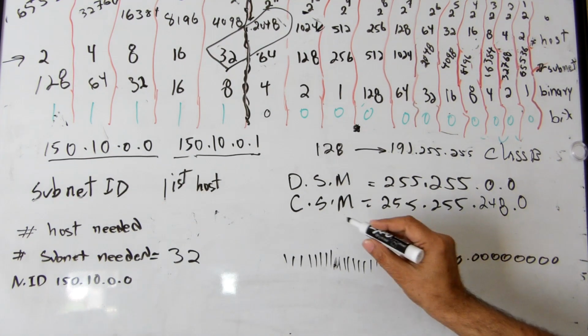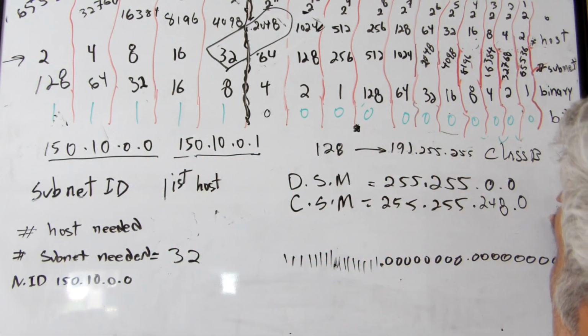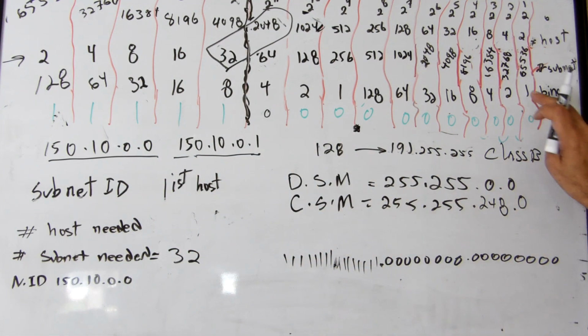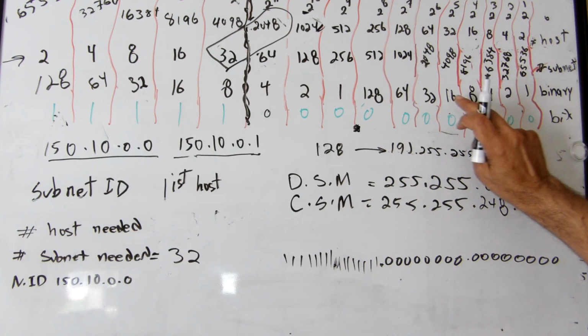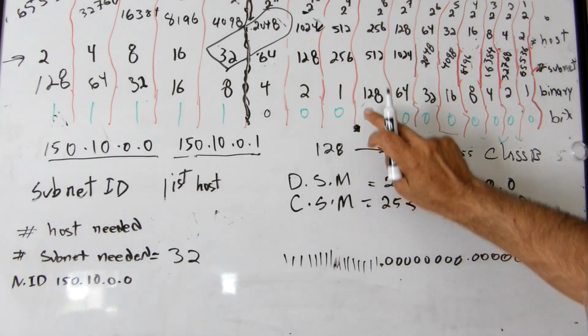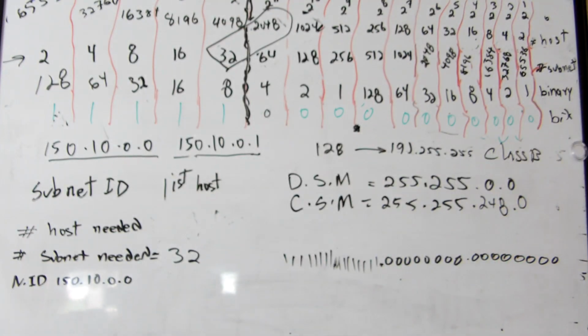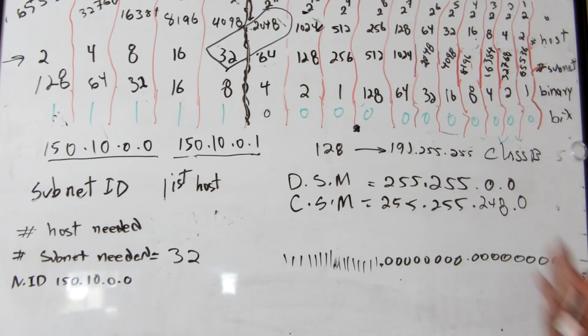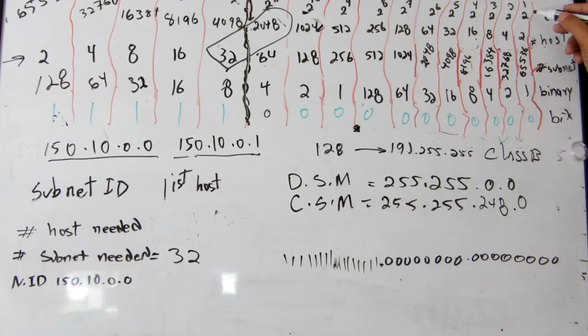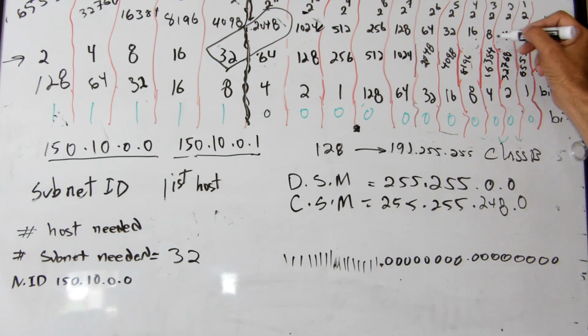248.0. This is the subnet mask for this. Because what we do, we start from 1, 2, 4, 8, 16, 32, 64, 128 from here, and then the table was 2 to the power of 1, 2 to the power of 2: 2, 4, 8, 16.